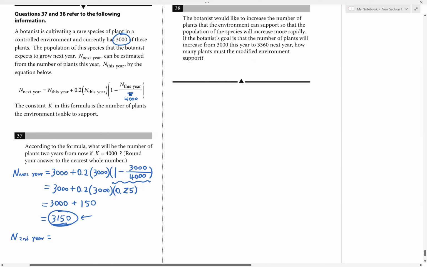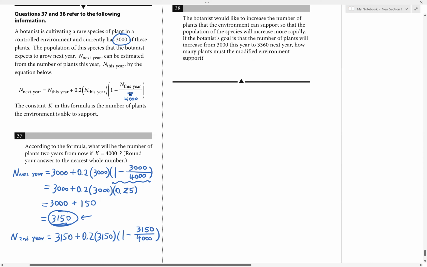We'll plug in that the current number now is 3,150, plus everything else is the same setup, except instead of 3,000, we do 3,150 times 1 minus N this year, 3,150, over 4,000. K is a constant, so it stays the same.